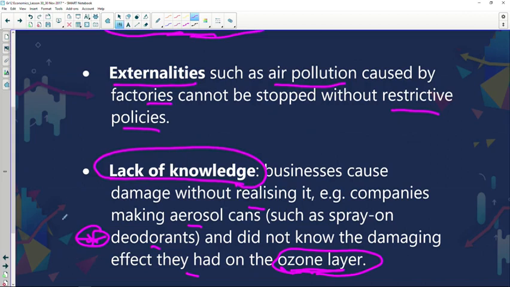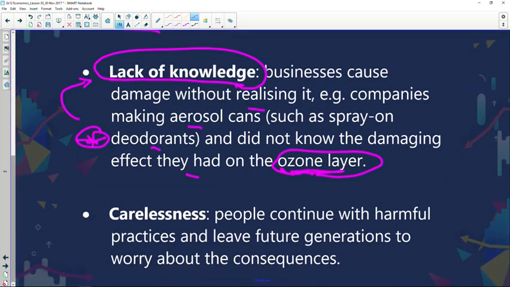So more education needs to be done in terms of what the causes are, or what some of the actions are that are considered to be dangerous when it comes to the environment. Other companies say, you know what, we didn't know. We were just producing an item, but we didn't know that it had a negative impact on the planet or on the environment. So it's important to educate people and businesses as well.